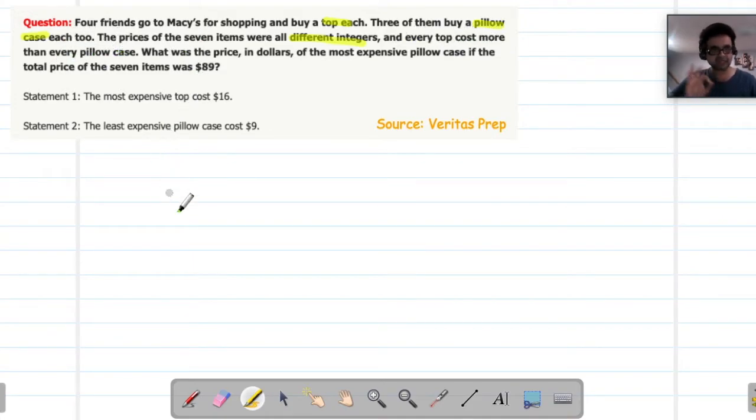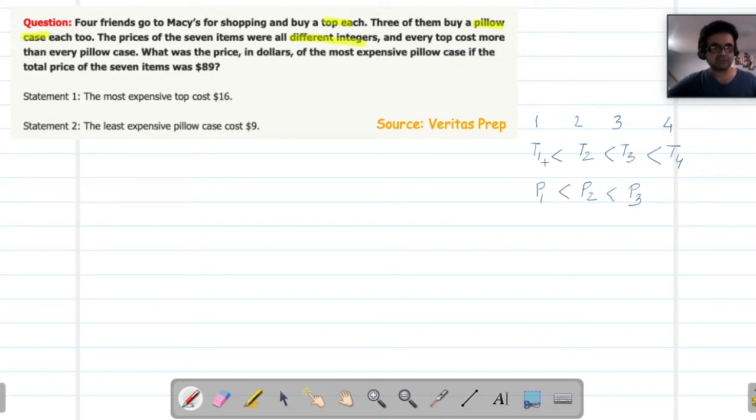So let's break this down before we go any further, because this is a lot of information. On the right hand side, I just noted down that there are 4 friends and each of them bought 4 tops, and these prices are different. And let us make another assumption that it is in increasing order, and same thing happens with the cost of the pillowcase.